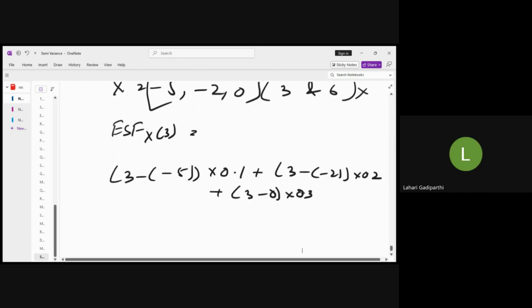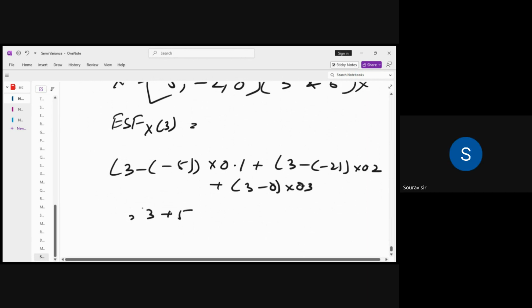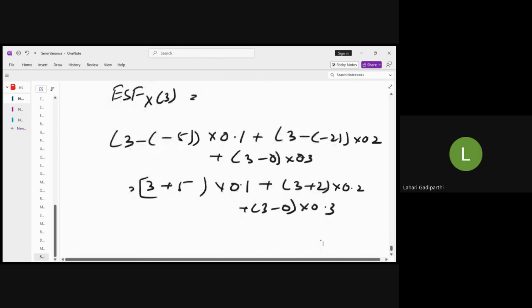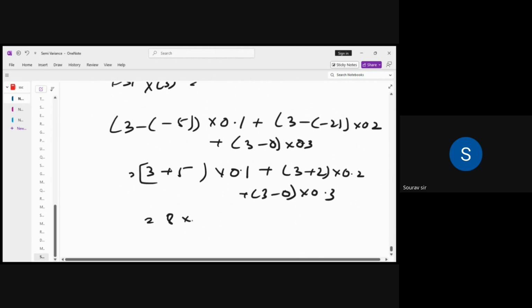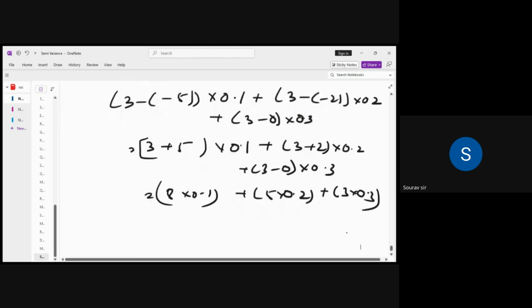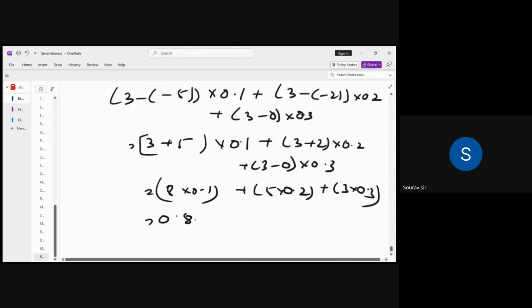That is 8 times 0.1, 5 times 0.2, and 3 times 0.3, which gives 0.8, 1.0 and 0.9.